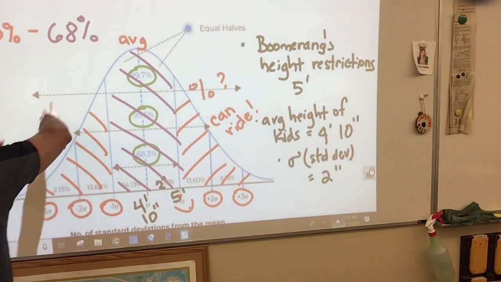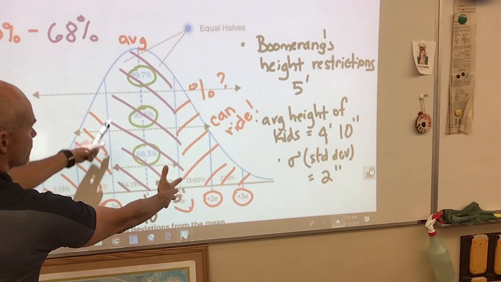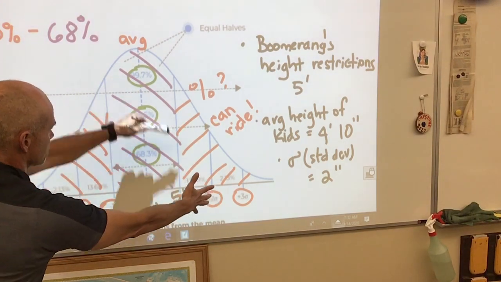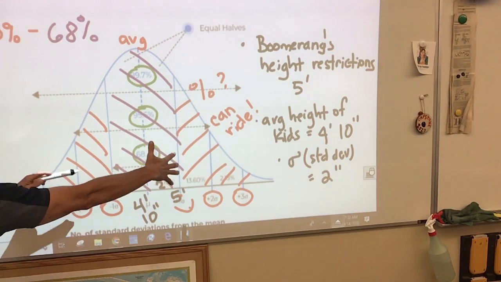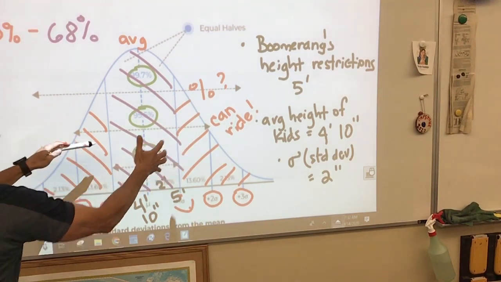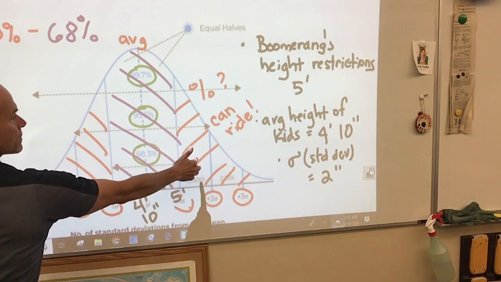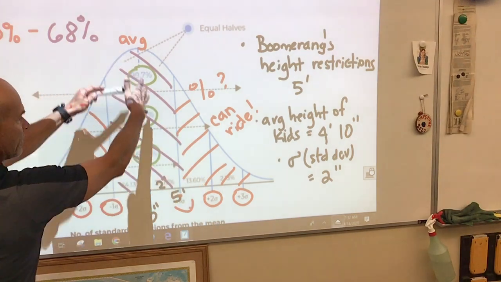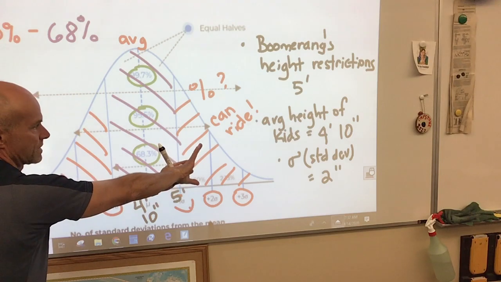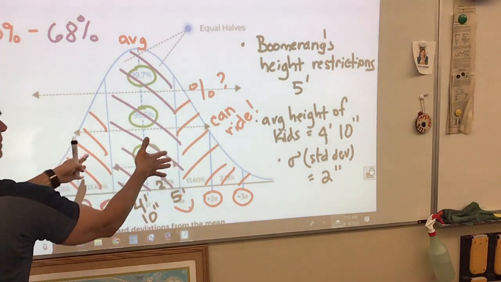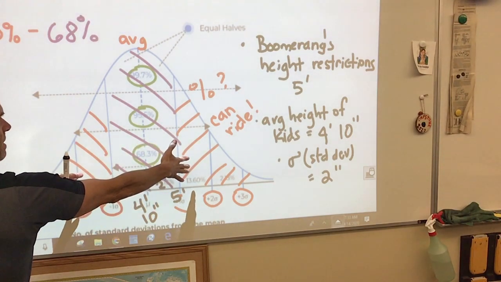So 100% is the entire thing. 68% is just the center part. So that's going to give me these two areas, but I only want this one area. Everything is symmetrical about the average. So in other words, everything looks the same here as it does here. So these two areas are the same.